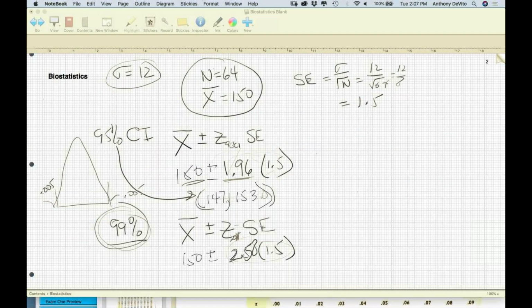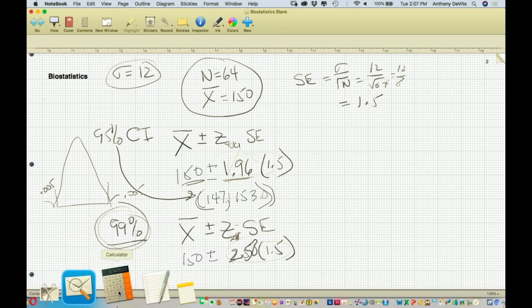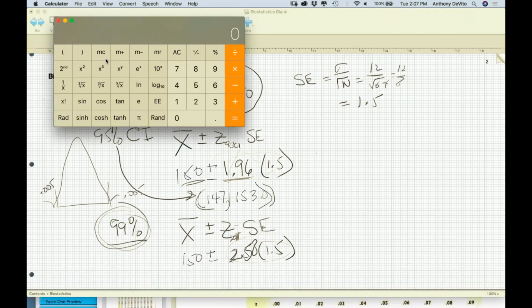Okay. Where'd my calculator go now? Clear. 2.58 times 1.5. I'm going to store this here. Clear it. And 150 minus 3.87 is going to be 146.13.